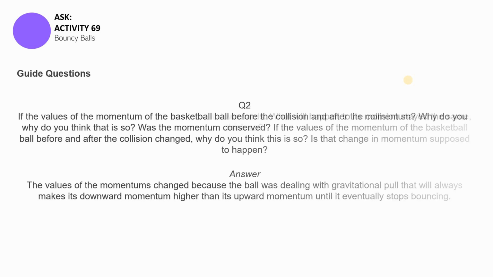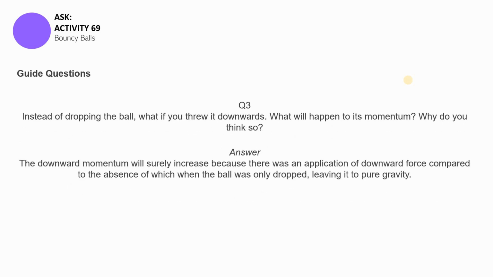Alright? And then question number 3, if you are going to throw it downwards, meron kang application of force. Okay? Mas matindi, mas mabilis, mas mataas yung momentum nung bola kapag ganon. Bakit ganon? Because apart from the gravity that was acting on the ball, pulling it downwards, you also applied some downward force, making its velocity higher.